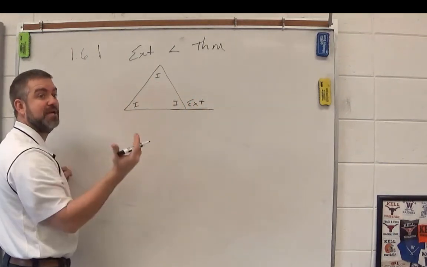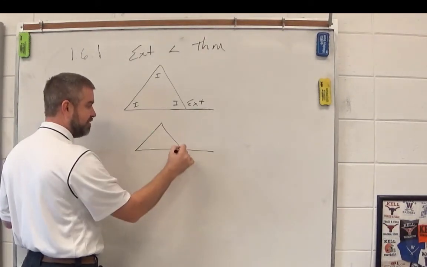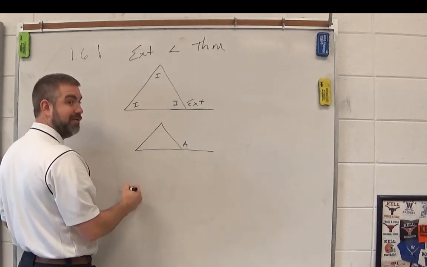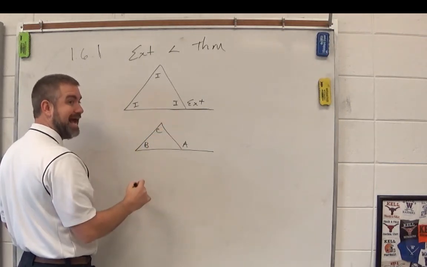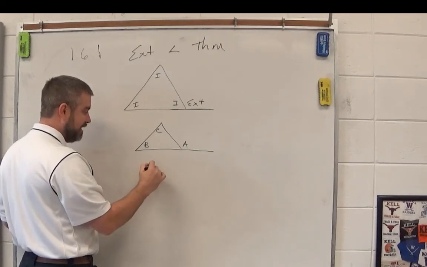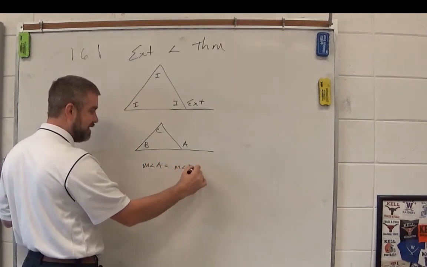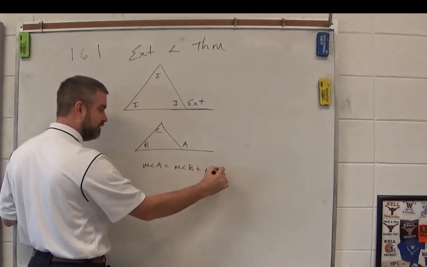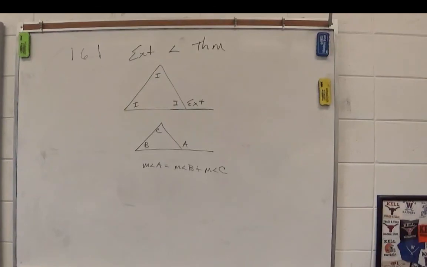That's just vocabulary. If I talk about the exterior angle theorem, this angle, angle A, must always equal B and C added up. I'll write it out. The measure of angle A always equals the measure of angle B plus the measure of angle C. The technical way of saying that is that any exterior angle of a triangle is equal to the sum of the two non-adjacent interior angles.